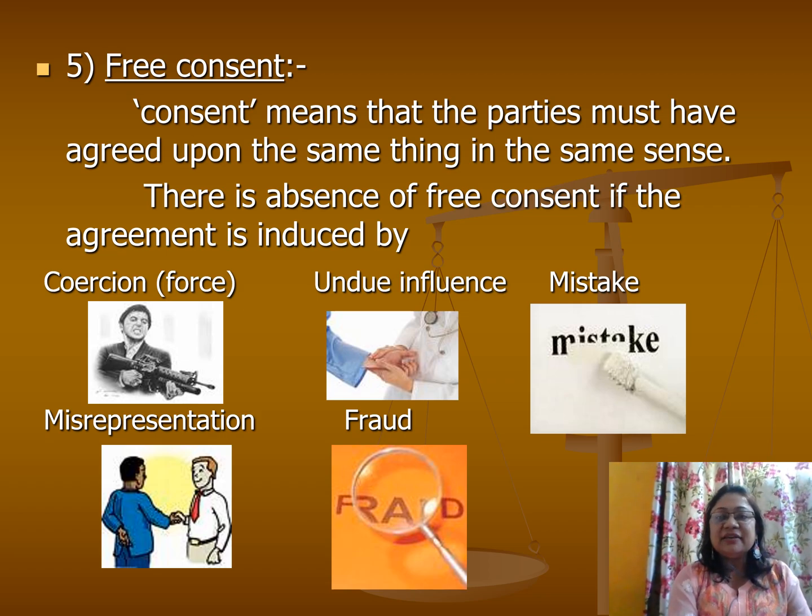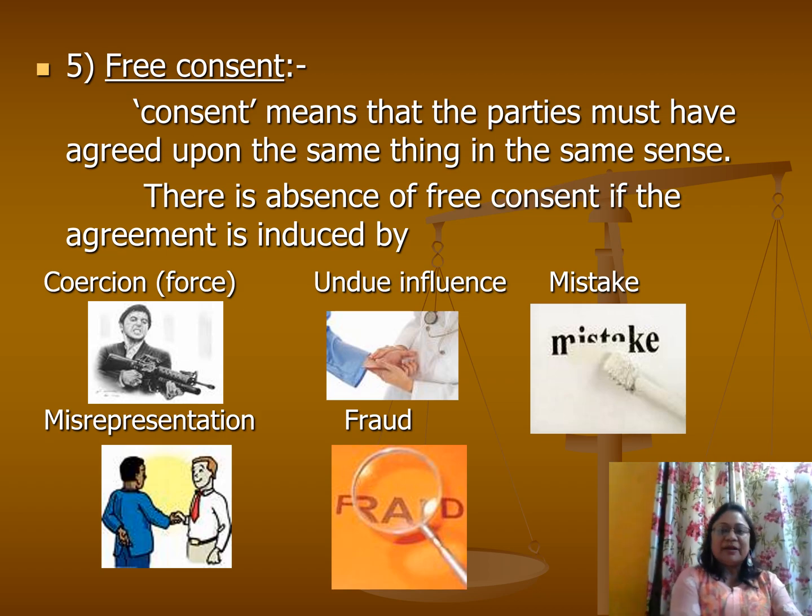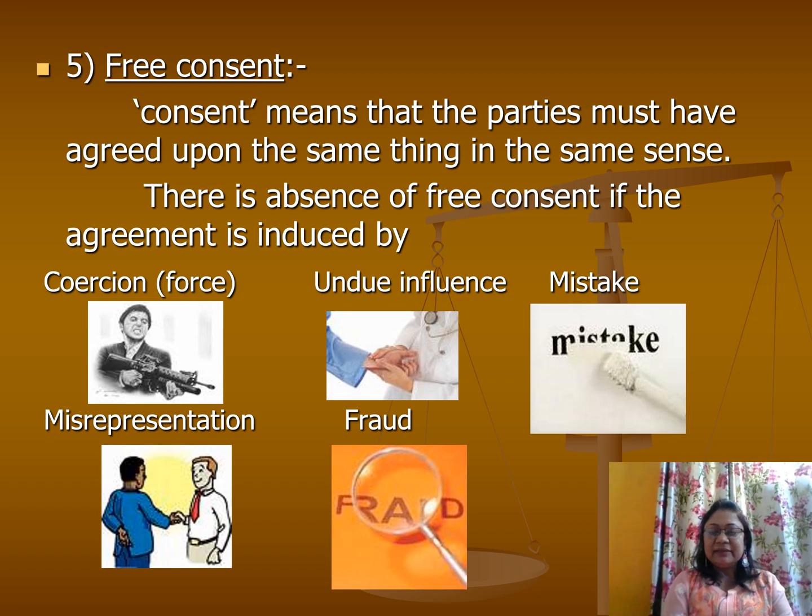As you can see here, there is absence of free consent if the agreement is induced by, say, coercion, that is force, which could be physical, which could be mental, undue influence, that is wherein one party is in a position to unduly influence the opinion, or you can say the decision making of the other party, and that is implied under certain relationships like a doctor and his patient, a lawyer and his client.